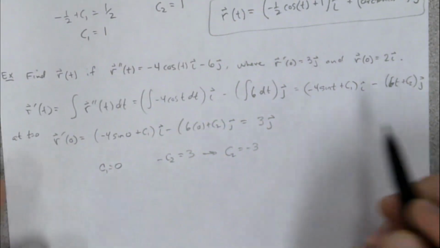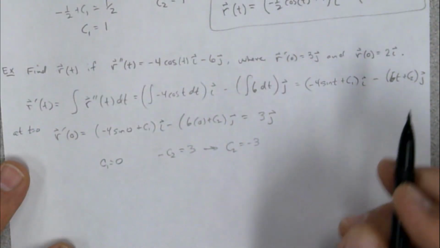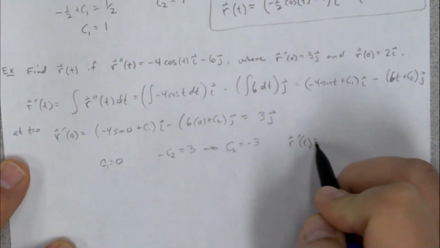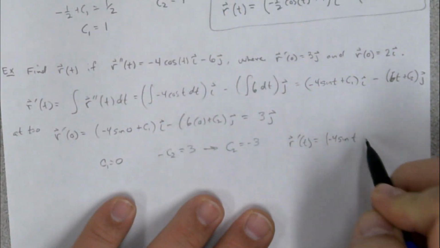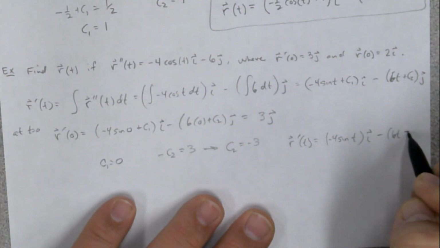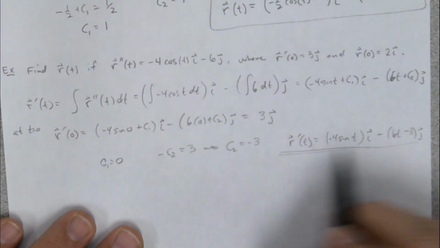And once I know that, then I can integrate this out. Okay, r prime of t is negative 4 sine of t i, and then minus 6t minus 3 j. So that's what r prime is right there.